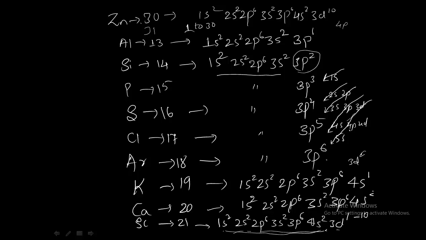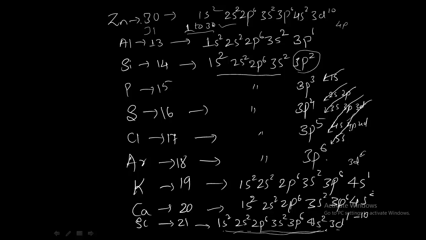For elements 1 to 30, you should know their atomic number and their electronic configuration. This is very useful up to second PUC, and also in competitive exams like KCET, NEET and JEE. So this is very helpful. So remember the electronic configuration of elements 1 to 30 with their atomic number.